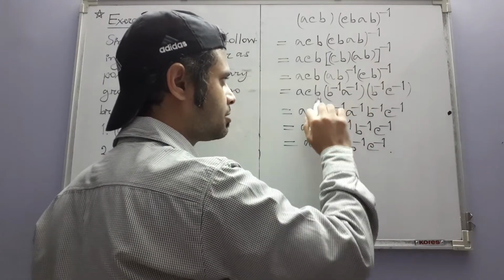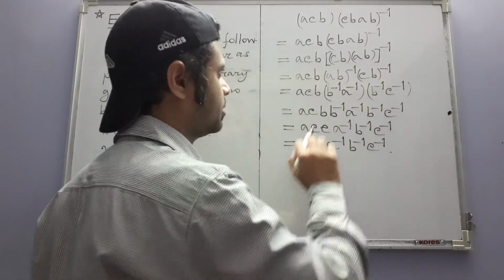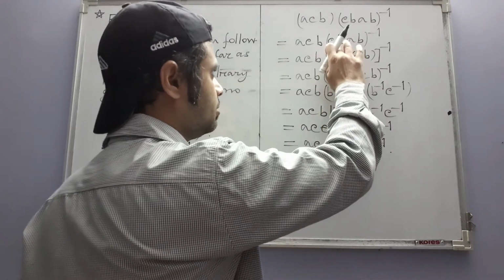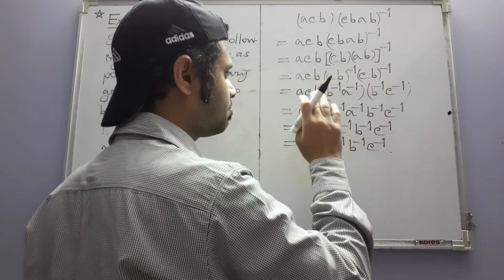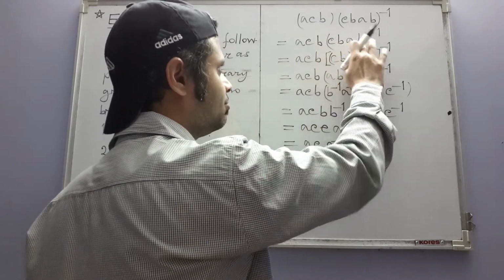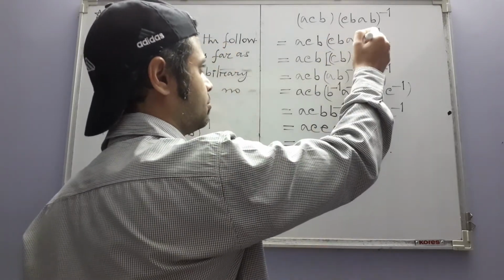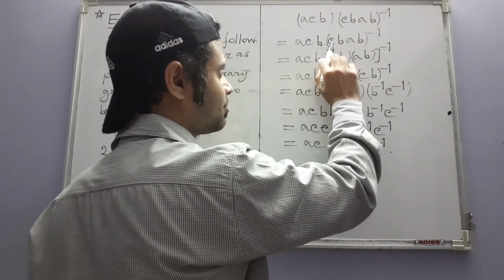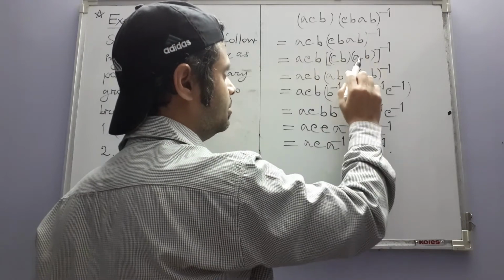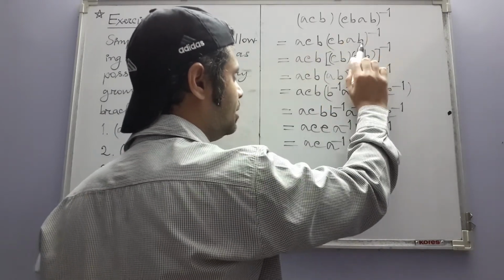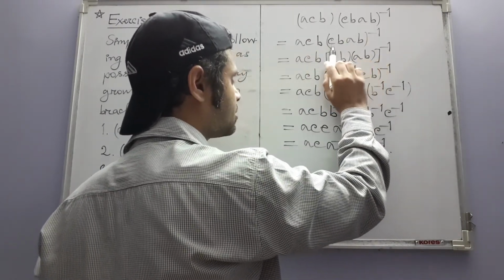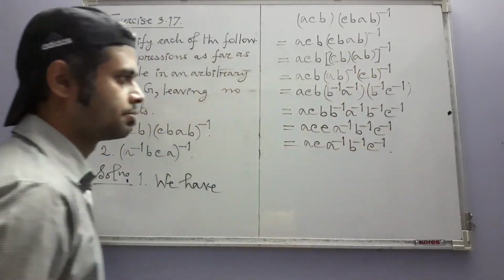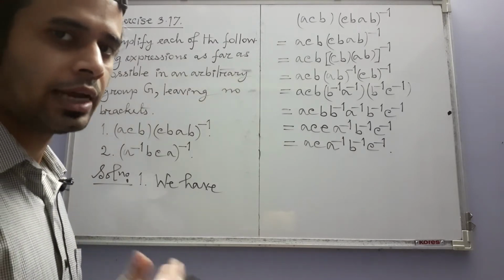Just like this result for only two factors, you have a similar result for any number of factors. This inverse also is the product of the inverses of these individual things, but you have to write the exact opposite order. Instead of starting from C, you start from B. So this inverse would be B inverse, A inverse, B inverse, C inverse. Okay, and that in general is true.